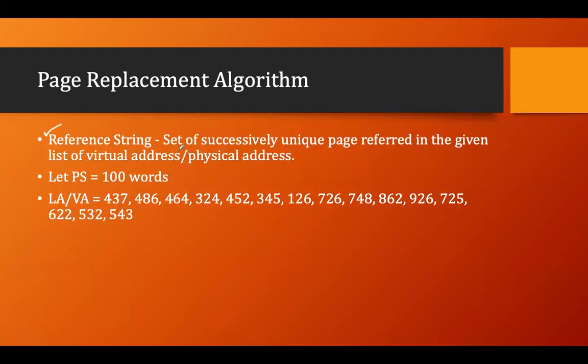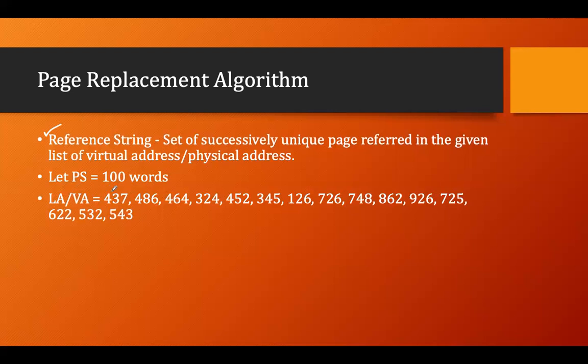A reference string is a set of successively unique pages referred to in the given list of virtual addresses or physical addresses. The physical or virtual addresses are generated by the CPU, and we are looking for the pages which are in the main memory frames.